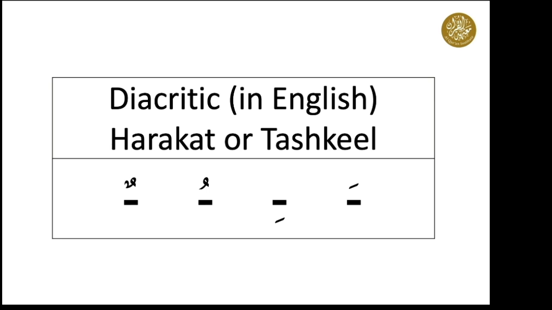In English, they are known as diacritics. Harakat, which literally means motions, are the short vowel marks. There is some ambiguity about tanween, whether it is also a harakat or not, because tanween is a marker for both vowels and consonants, while short vowels are only used as vowels.